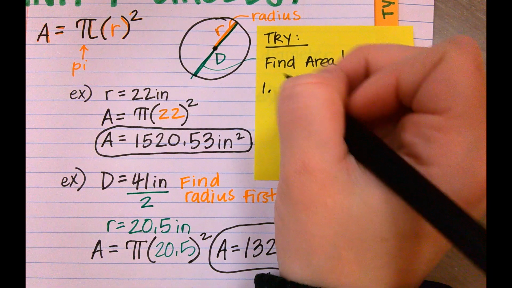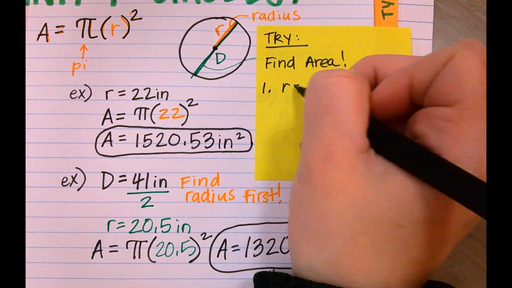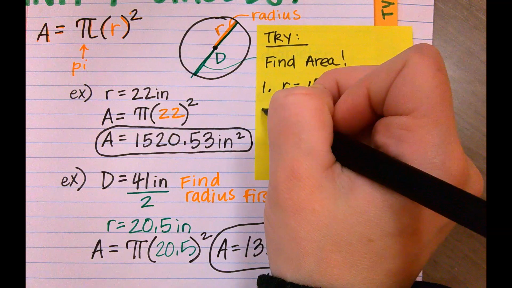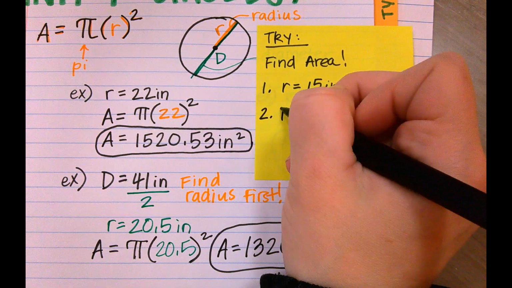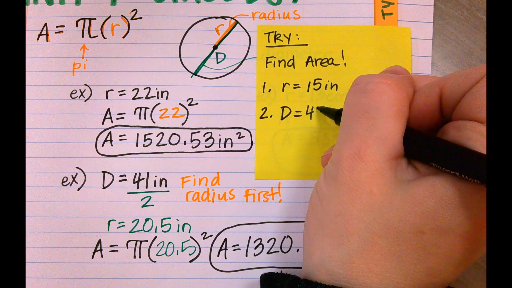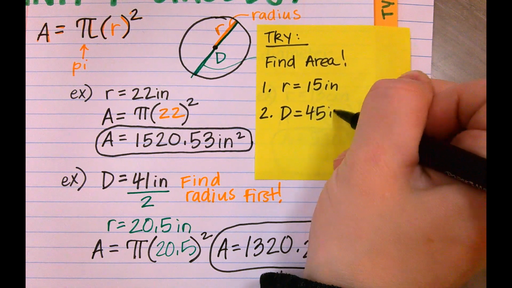For number 1, I'll give you that the radius is 15 inches. Number 2, the diameter is 35 inches.